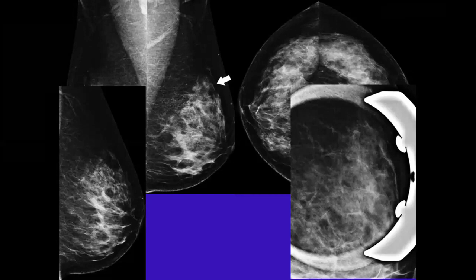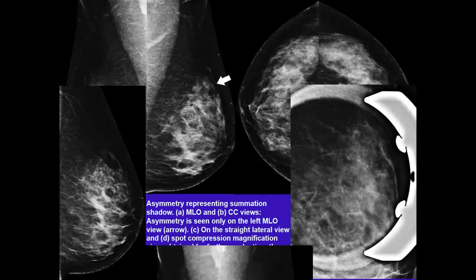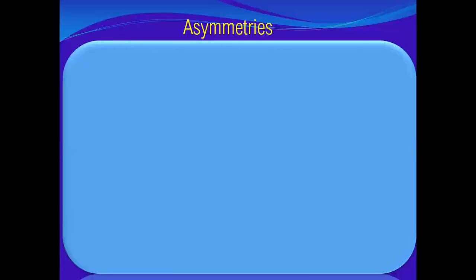Okay, it is a summation artifact. So the patient was just for screening, and on the follow-up screening after 2 years, it was not there. So this is just a summation artifact giving us a single view asymmetry.